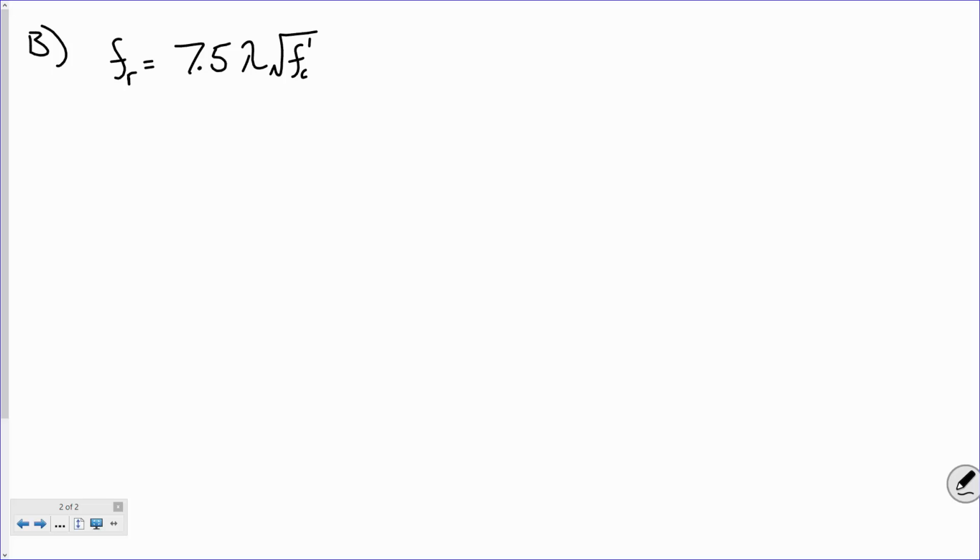Does everybody see that in their notes? Now, if that's the case, what does lambda equal for this problem? 1. And why is that the case? There we go. So lambda equals 1. Okay.